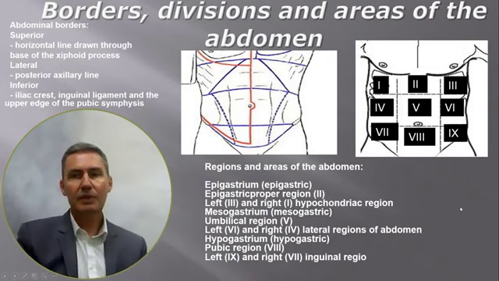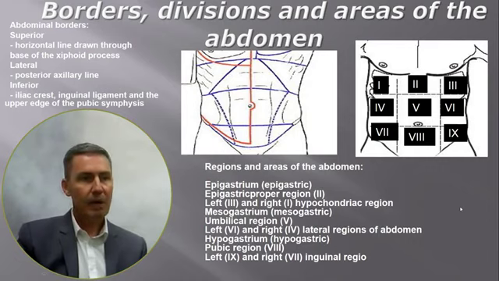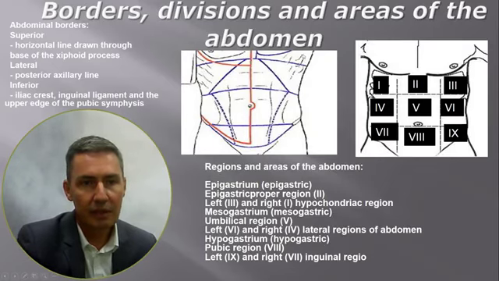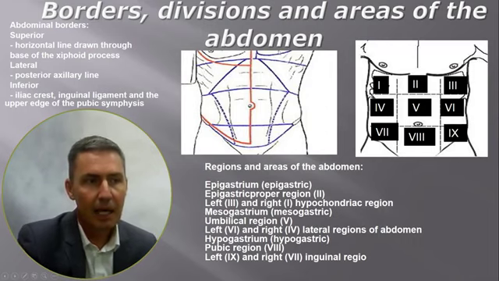The next very important part of the human body is the region of the abdomen. The boundaries of the abdomen: superiorly, it is the horizontal line drawn through the base of the xiphoid process, and I hope you remember that this is the inferior border of the thoracic region.